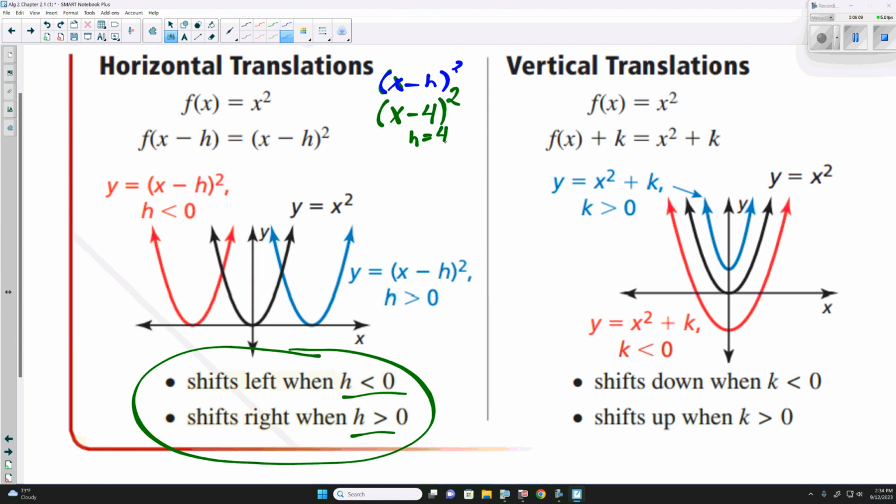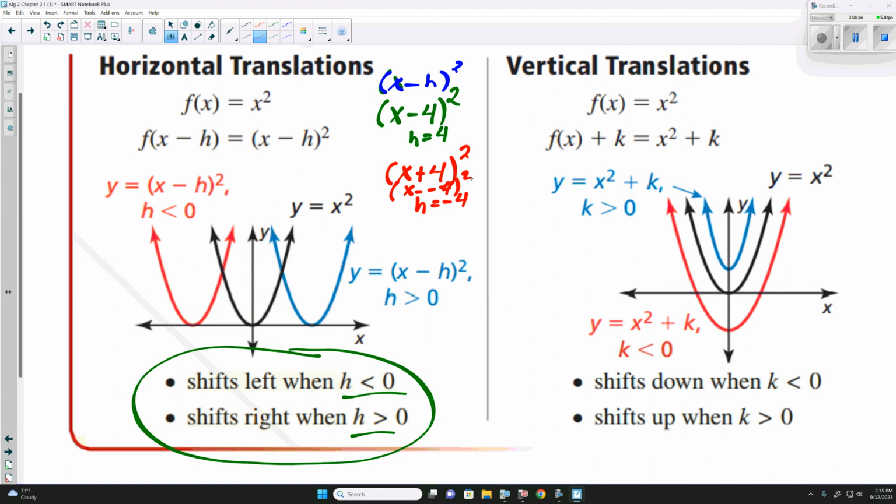Since 4 is greater than 0, it's moving it to the right. And if we had x plus 4 squared, in this case, what's the value of h? Negative 4. Because this is really saying x minus negative 4 squared, that's where we get that.